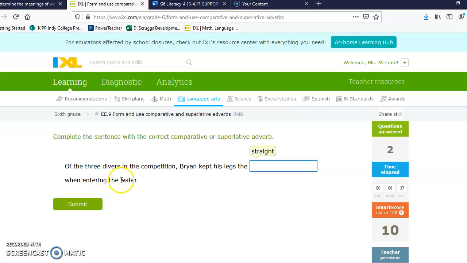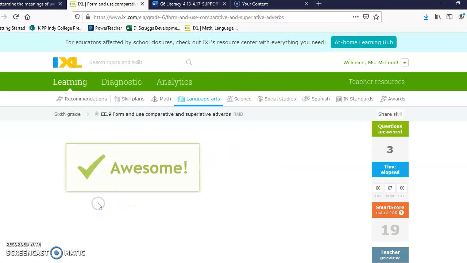Of the three divers in the competition, Brian kept his legs the straight when entering the water. So would I put the straighter or the straightest? Tell me what you think. I'm going to put the straightest when entering the water.